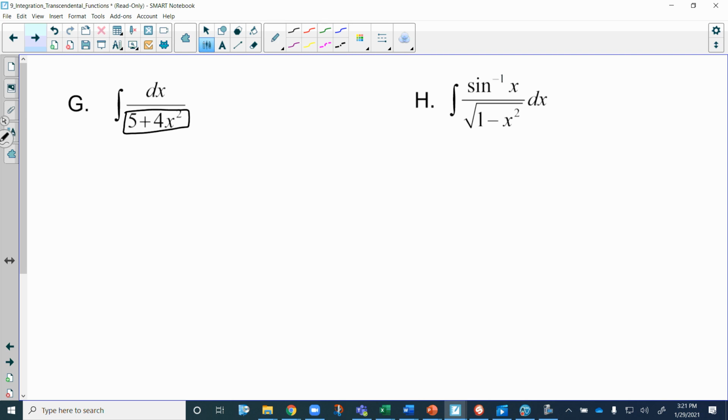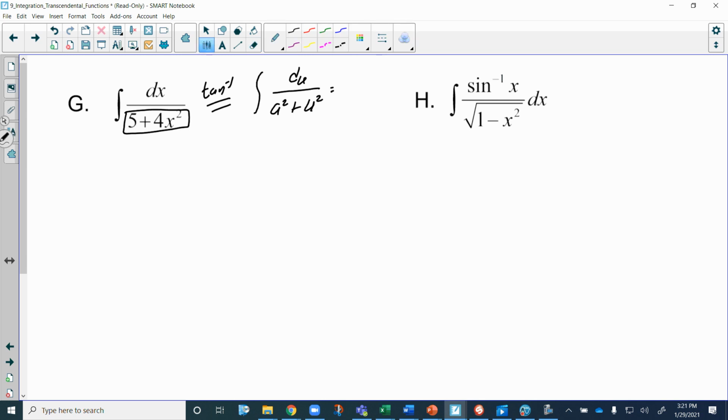But in this case, if you look at the rule for inverse tangent, or arctan, the rule for inverse tangent will give you the indefinite integral of du over a squared plus u squared.